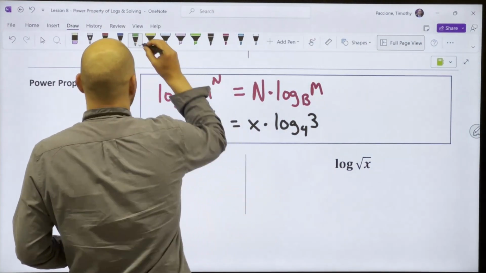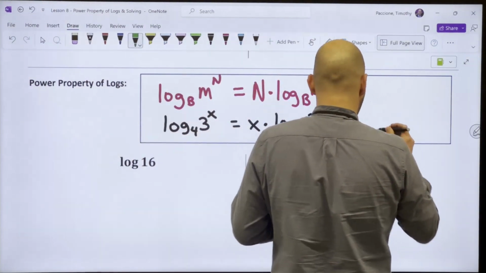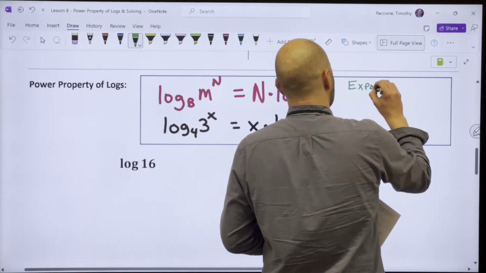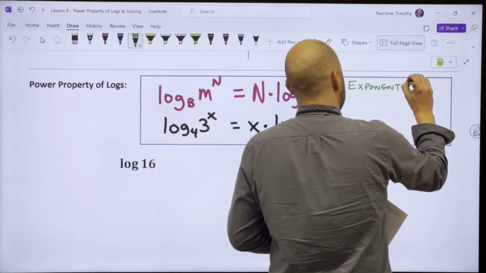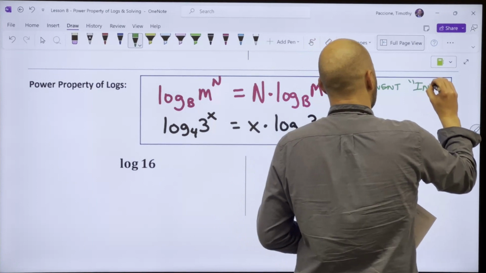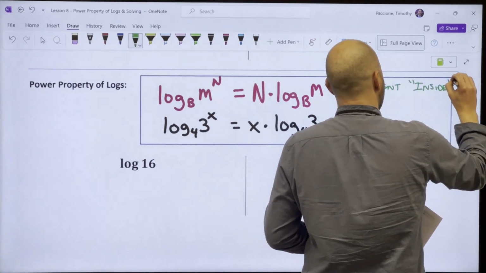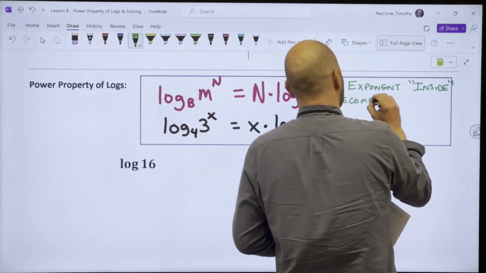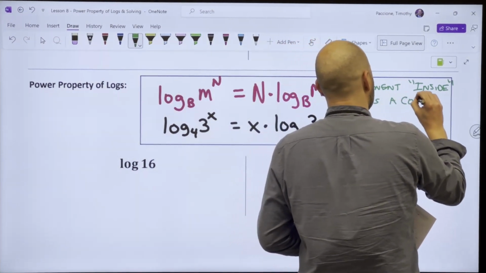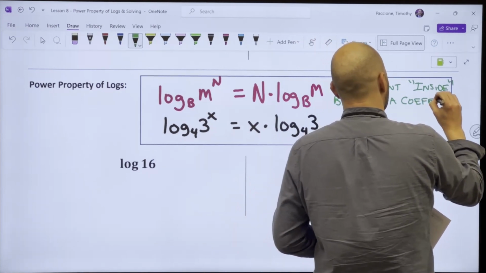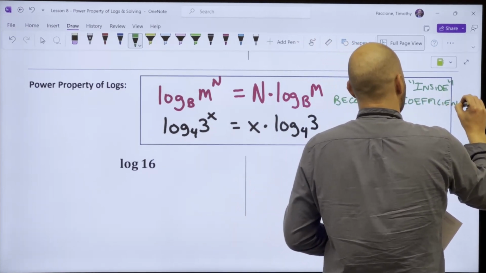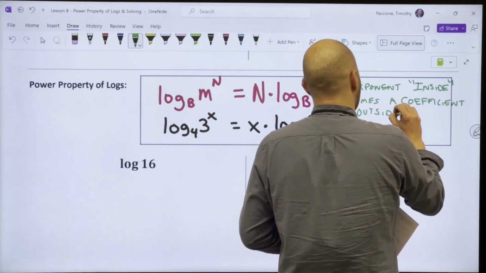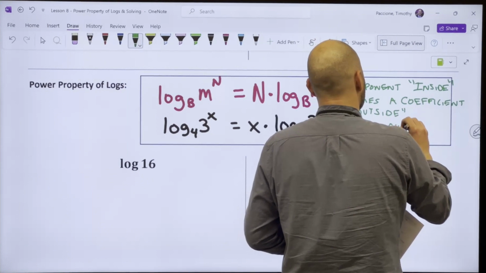And just what we're doing here, just in words, is the exponent inside becomes a coefficient outside, and more specifically, out front.